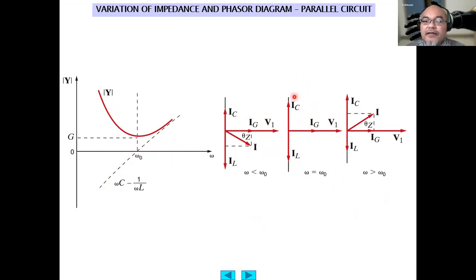When ω is less than ω0, it is inductive, while at ω larger than ω0, it is capacitive.